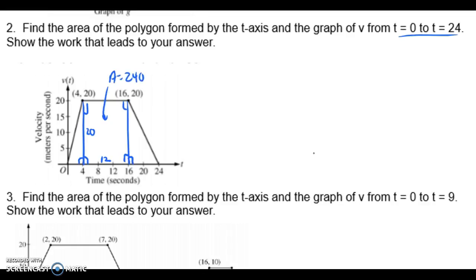When I've got my base here of 8 and my height of 20, I can find the area of that by multiplying those two together. My area is 80. And I do the same thing here, base of 4, height of 20. The area is 40. So when I add these up, I have 240 plus 40 is 280 plus 80 gives me a total area of 360.